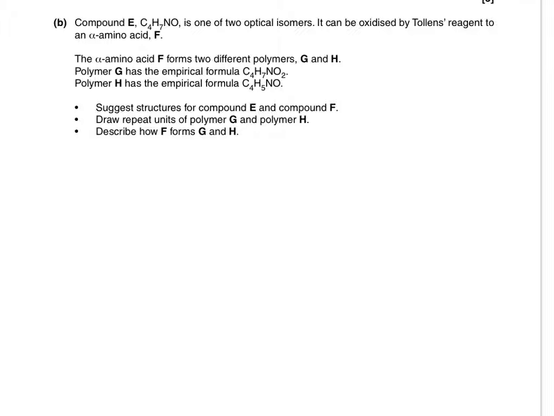So it says compound E can be oxidized by Tollens' reagent. There's three pieces of information. It's one of two optical isomers. It can be oxidized by Tollens' reagent.